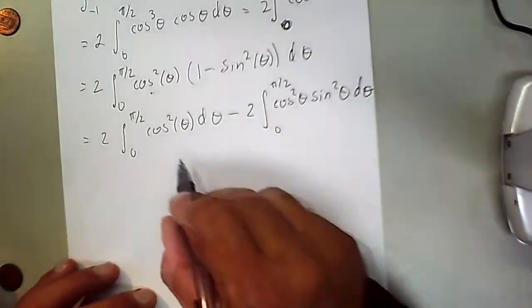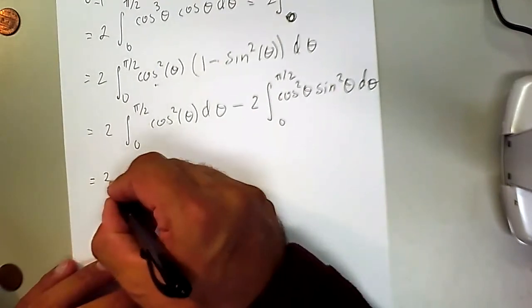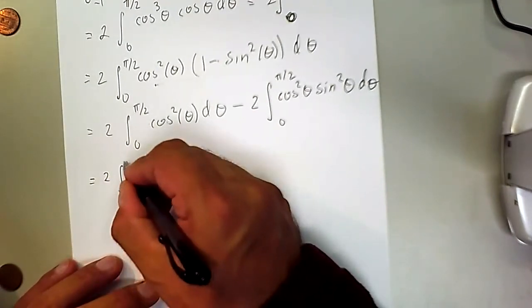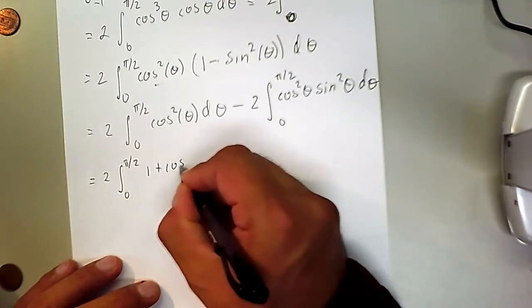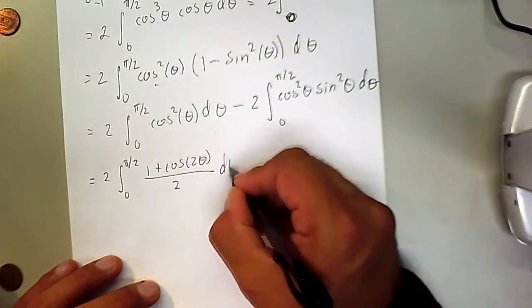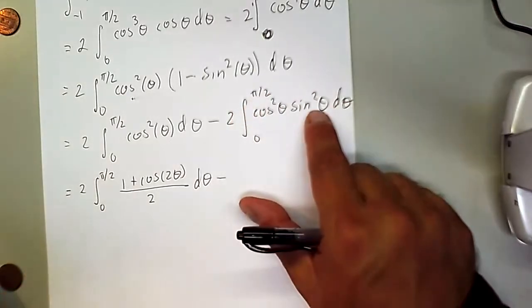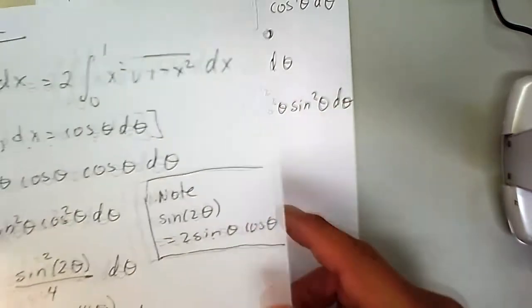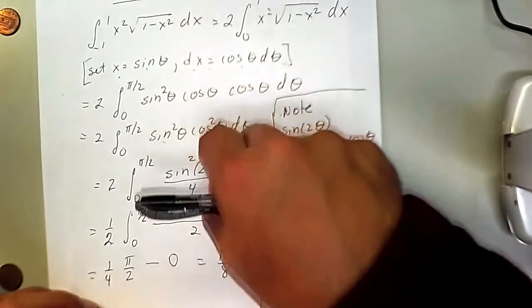Okay, here we're going to use our trigonometric identity, 1 plus cosine of 2 theta over 2 d theta minus. Now, this integral was found in the previous side work of the same problem.